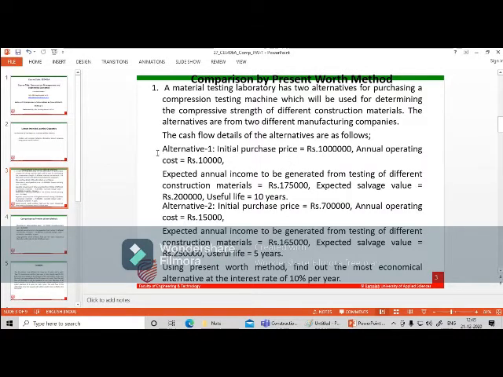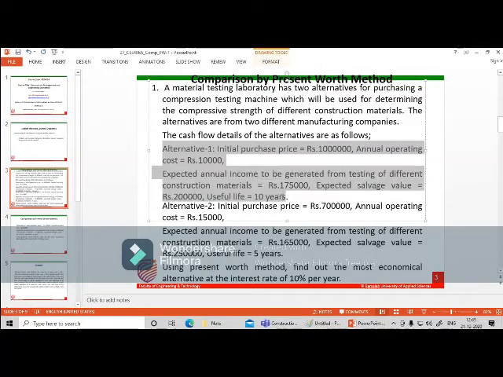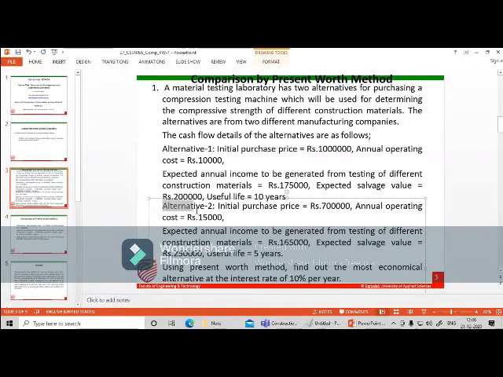This is the given data for alternative 1. Similarly, for alternative 2, the data given is the initial purchase price, annual operating cost, annual income, and expected salvage value. What do you mean by salvage value?